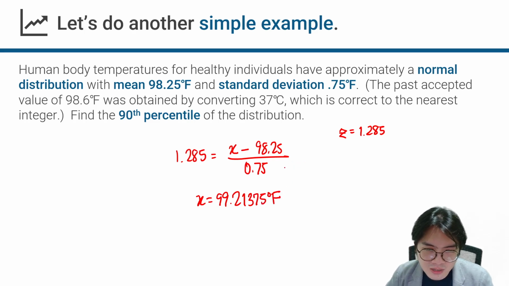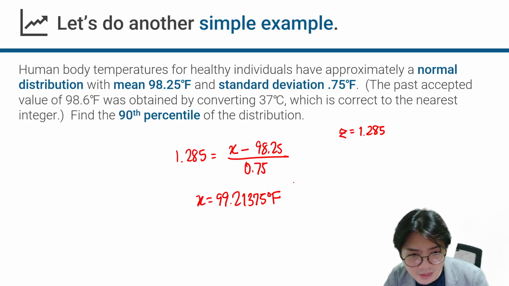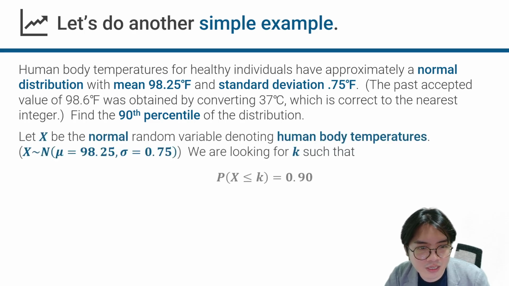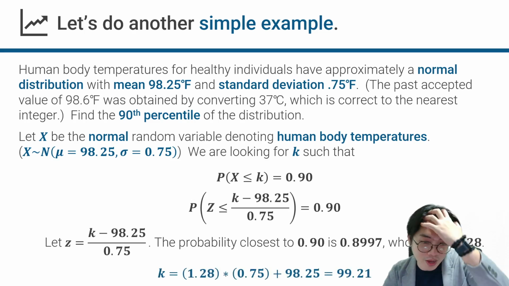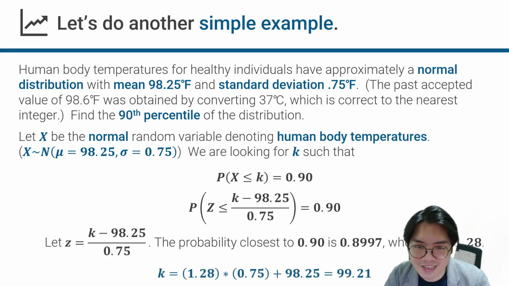So 99.21 is good enough, I think. Let's see what their answer is. There it is: the probability closest to 0.9. They want the closest, which is 1.28. So if they say it's 1.28, we will have 99.21, and that's your value.